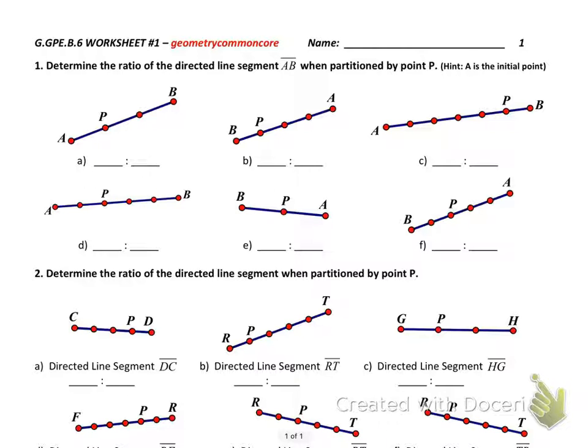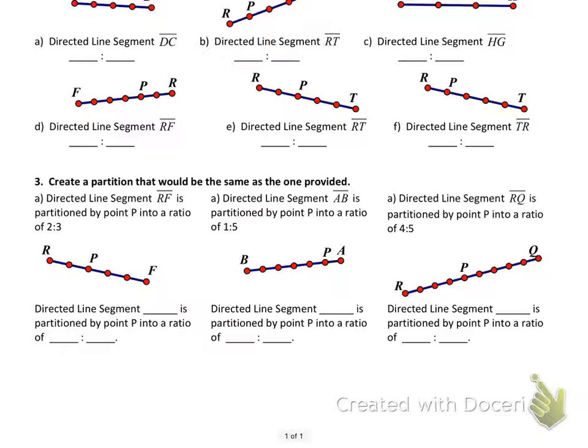Notice for number 1, all these are directed line segment AB. For number 2, they changed what the directed line segment is for each one. So you'll need to make sure you're reading that closely. And then when you get down to the bottom, you have some other problems that are similar to stuff we did on the front. So go ahead, try this entire page, and we'll just run through and get all the answers in a couple of minutes.